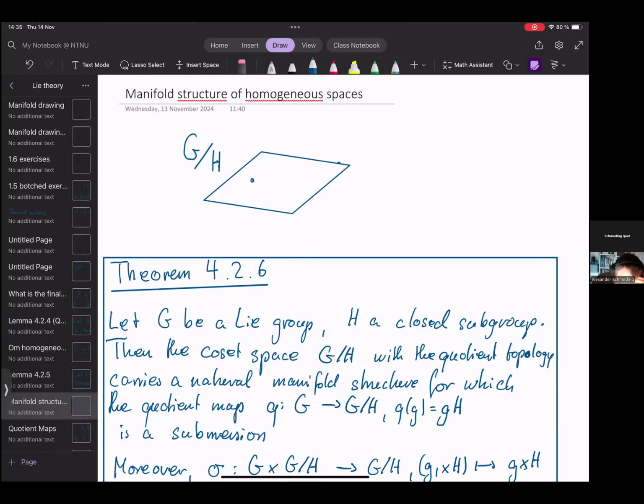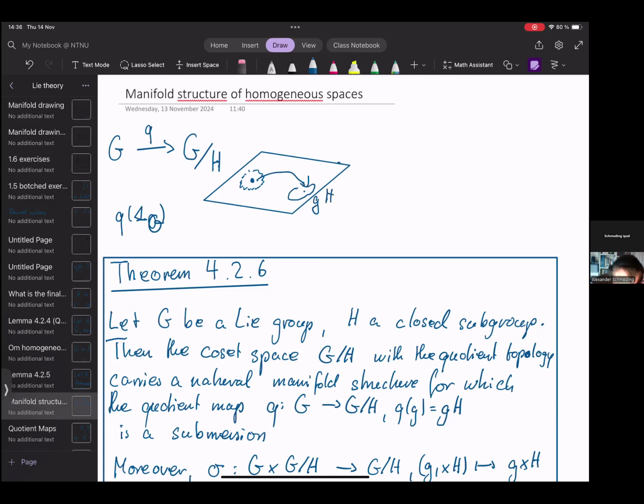It turns out that it suffices to construct a chart around a given element, namely if we call the map from G over to the coset space Q, we can first construct something around the identity element, then use the group action of G acting on the coset space to transport this chart to any other point and construct a chart around whatever the other coset is.